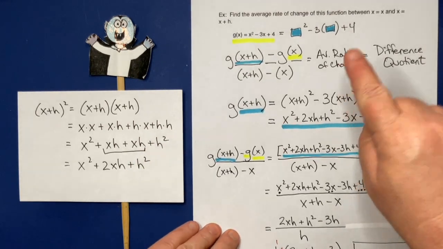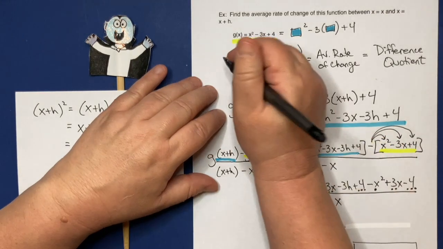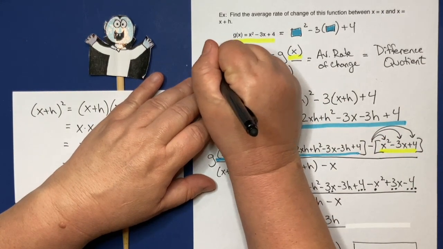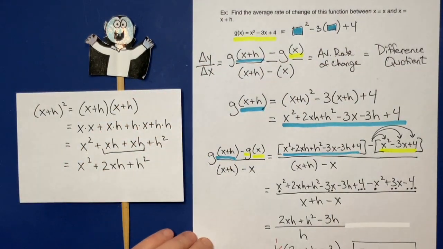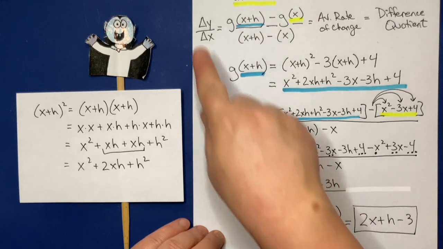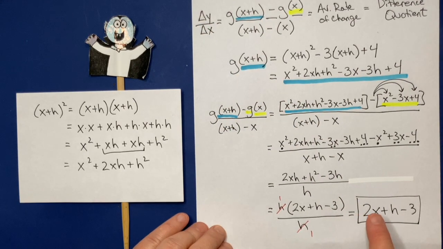The derivative is the average rate of change. You're comparing how y changes compared to how x changes. So as x and y are changing in the function, we end up with 2x plus h minus 3. And that's our answer. Now, right now, we're not going to be able to use that for much.